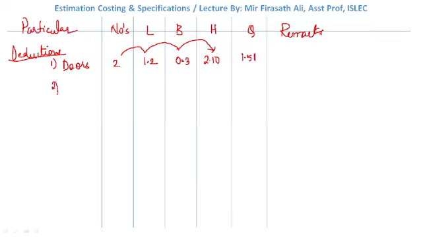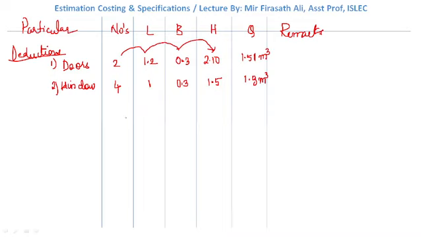Next, window. How many windows? 4 windows. All this data I have clearly explained in our previous class also. How are we getting these values? Please once again refer to that video also.